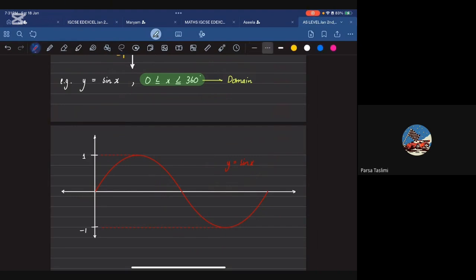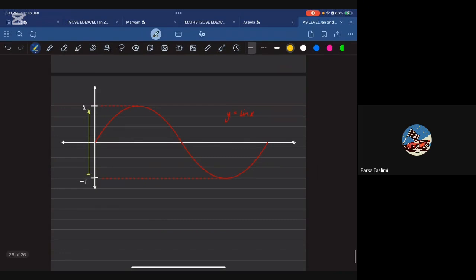All right. So for a graph given as such, what do you think will be the range? Yes, Parsa. 1 and -1. Clear? Yes. So I can simply say that my range for the given function is y is less than or equal to 1, greater than or equal to -1.